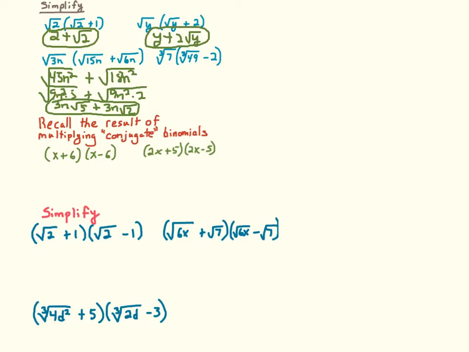So the next one, I've got the cube root of 7 times the cube root of 49 times the quantity of the cube root of 49 minus 2.